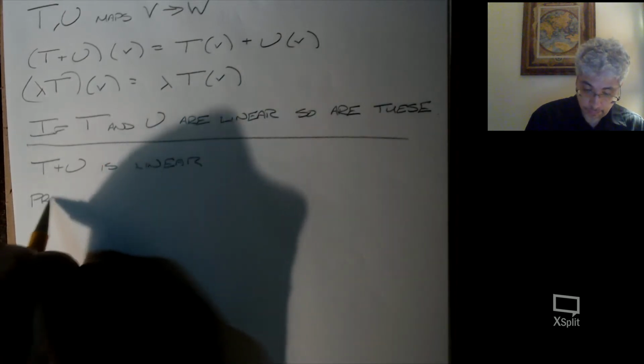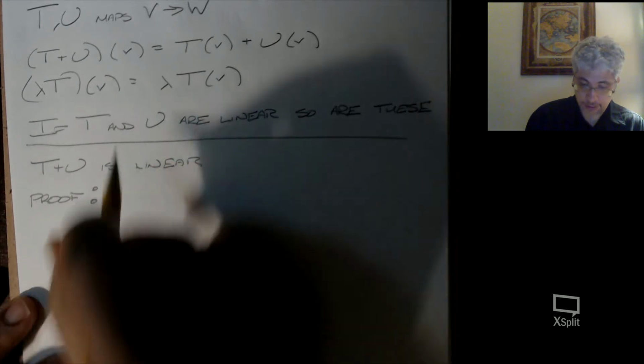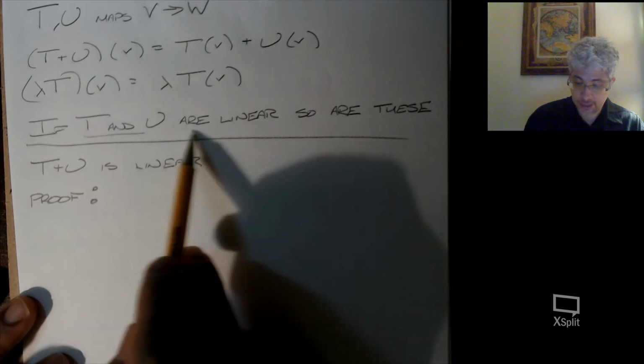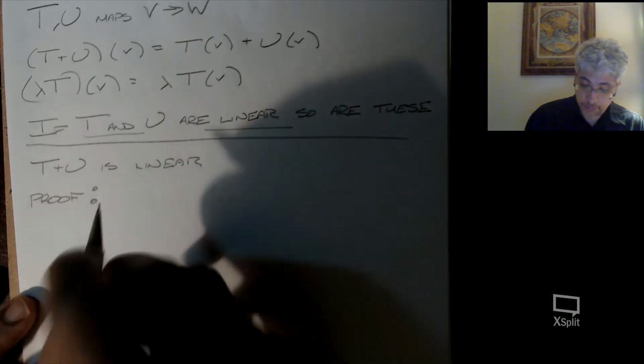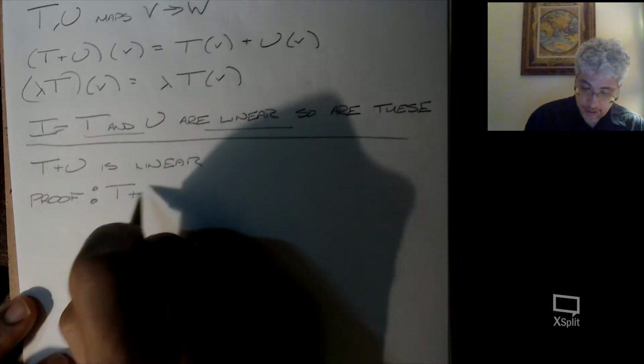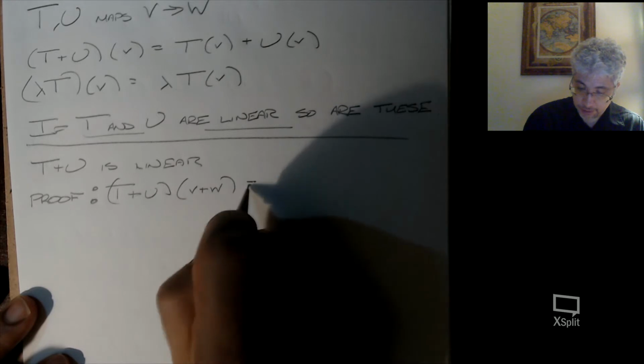Proof. We're assuming that T and U are linear. I want to show that T plus U is linear. So let's take (T plus U) of vectors v plus w.